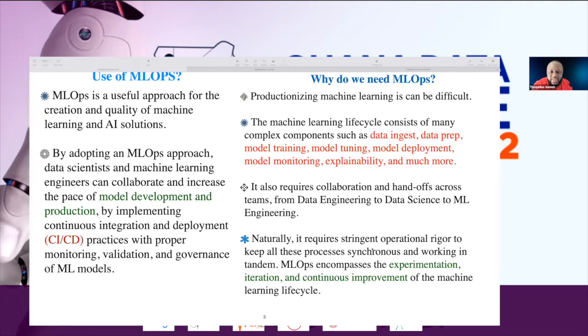So why do we need MLOps? Productionization of machine learning can sometimes be very difficult, so we need that concept of MLOps. Also, the machine learning lifecycle consists of many complex components, such as data ingestion, data preparation, model training, model tuning, model deployment, and model monitoring.